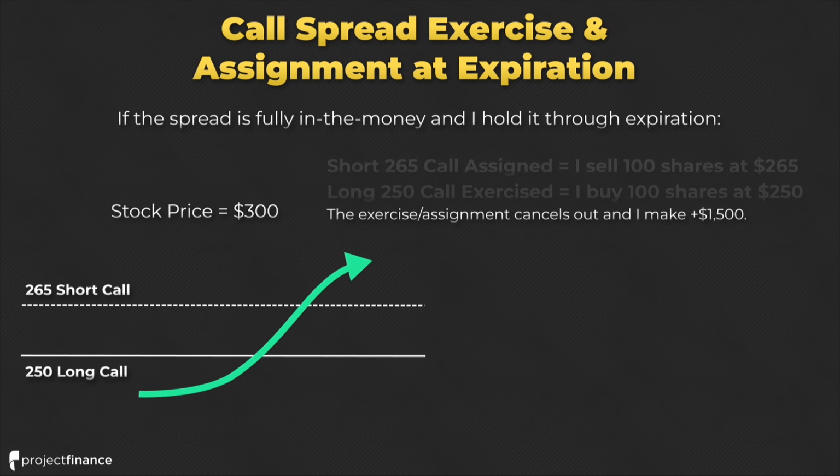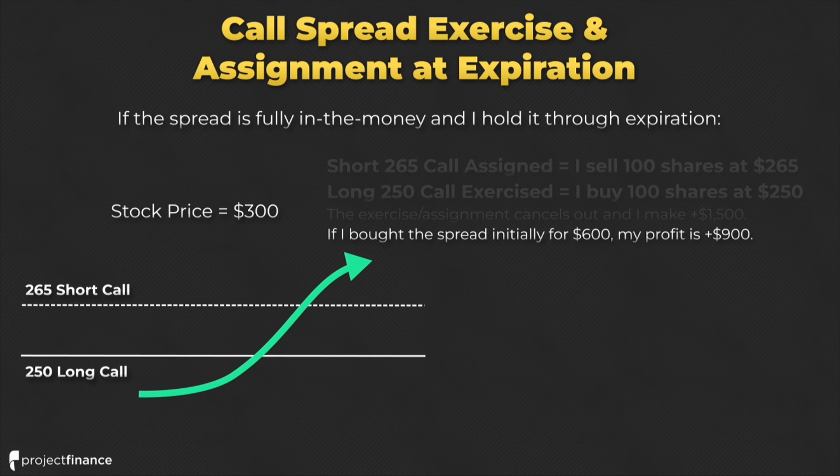That means that the exercise and assignment cancels out and I make $1,500 since I'm going to buy 100 shares at $250 and then effectively sell them at $265, therefore making a $15 gain per share times 100 shares gives me a profit of $1,500. Again, if I bought the spread initially for $600 and I make $1,500 on this transaction, my net profit is $900.